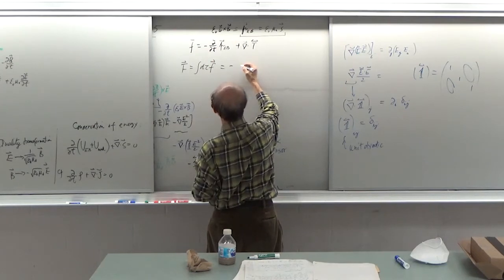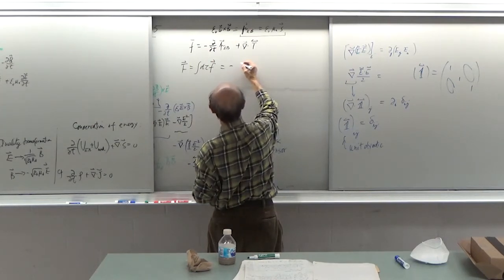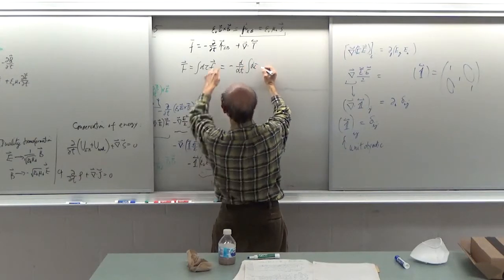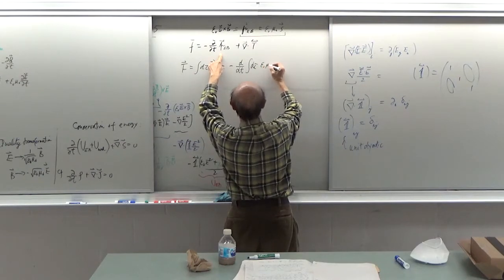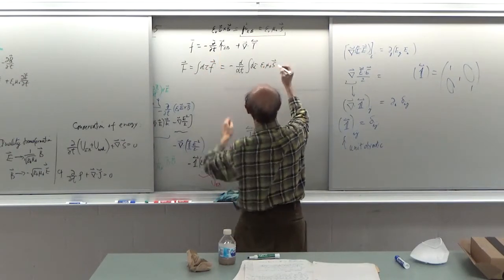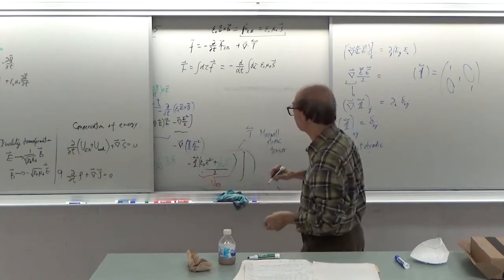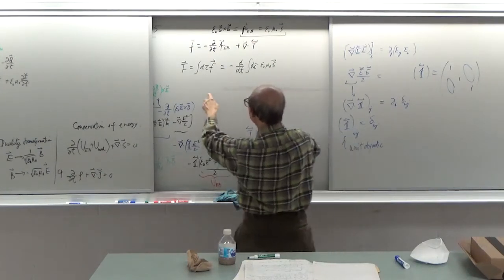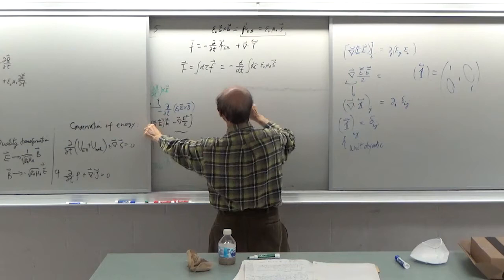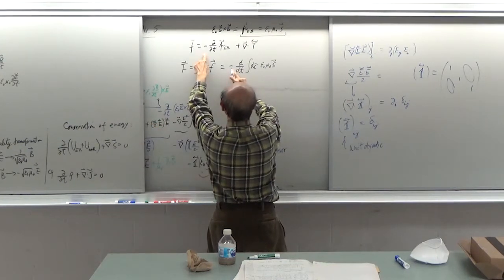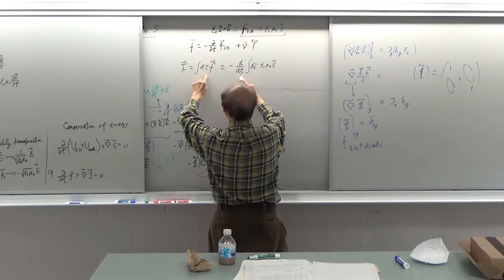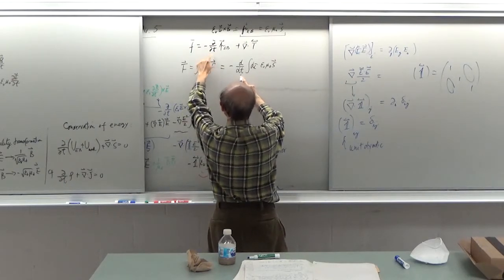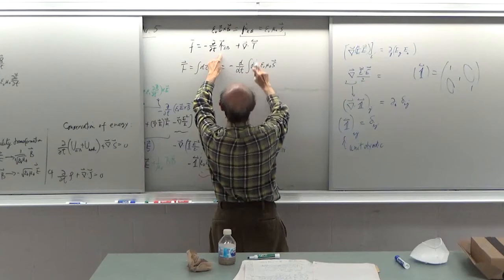I can write that as d by dt of the volume integral of P, which is epsilon naught mu naught times the Poynting vector. Have I made the sign correctly? Yes. Minus. Put this time derivative outside the volume integral of P, is that correct?